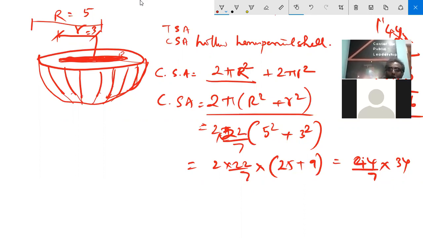Now what you have to do? 1496 by 7. 7 will go in 14 how many times? 2 times. Right. 7 will go in 9 how many times?